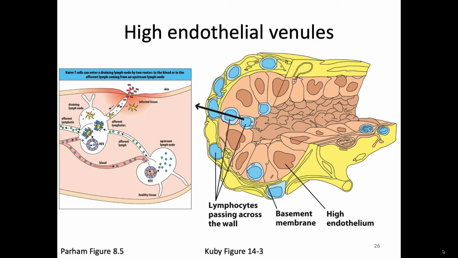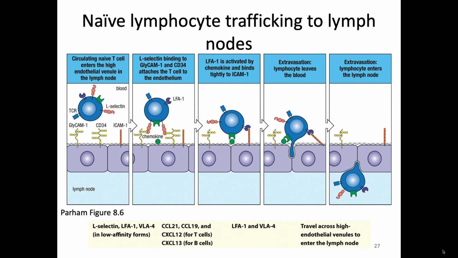It's always going to make a particular carbohydrate, which is called sialyl Lewis X. You can see it here too. They're calling it CD34. Whatever. We'll call it either one. I don't even care.